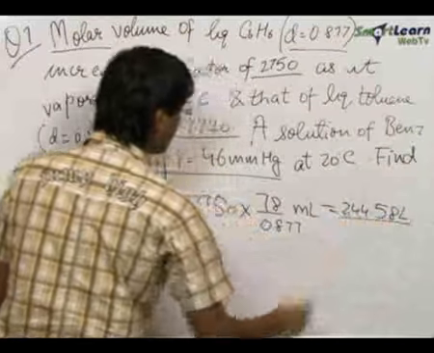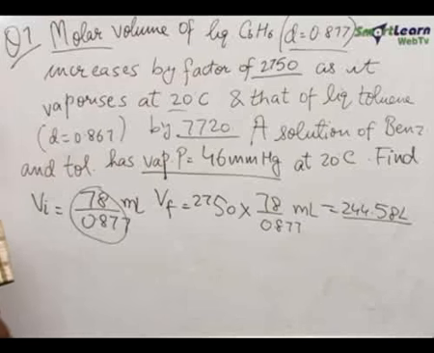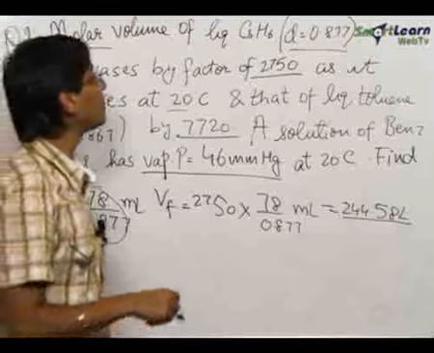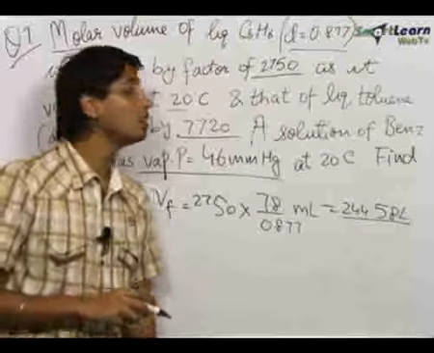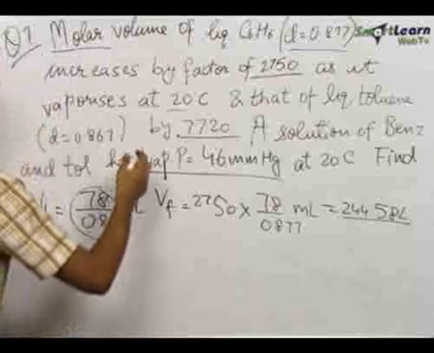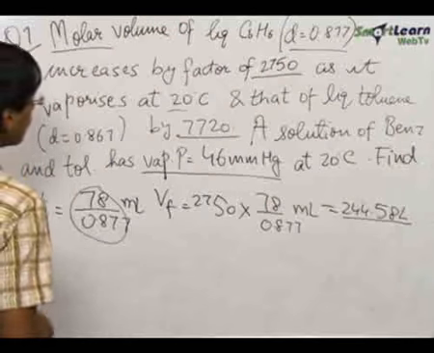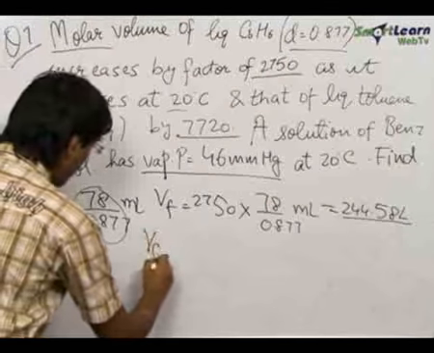and this comes out to be equal to 244.58 liters. Similarly, the final volume of the vapor of toluene, when liquid toluene converts to vapor, is V final for toluene.